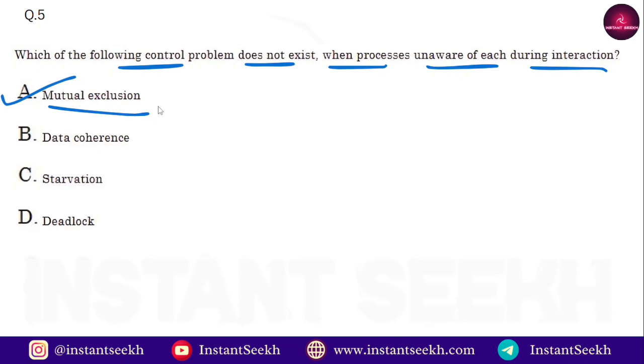This is the control problem that does not exist when processes are unaware of each other. Mutual exclusion revolves around ensuring that only one process accesses a critical section of code at one time. So for question number 5, the answer is A. Let's move on to the next.